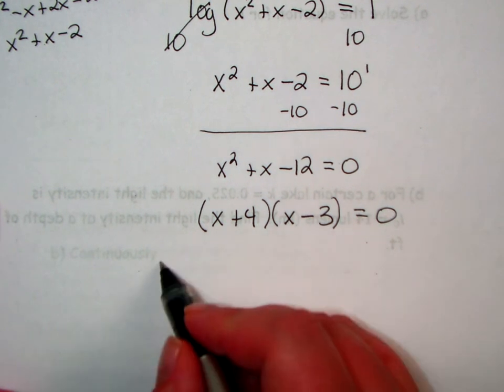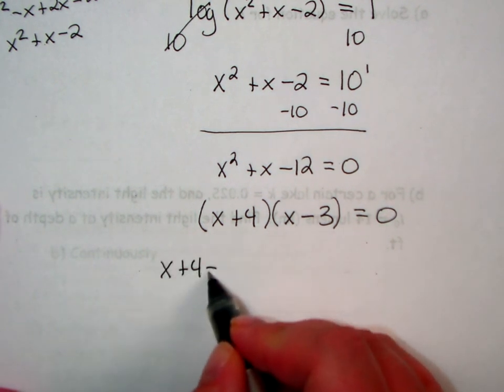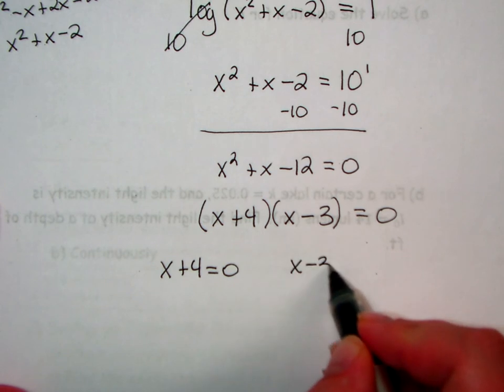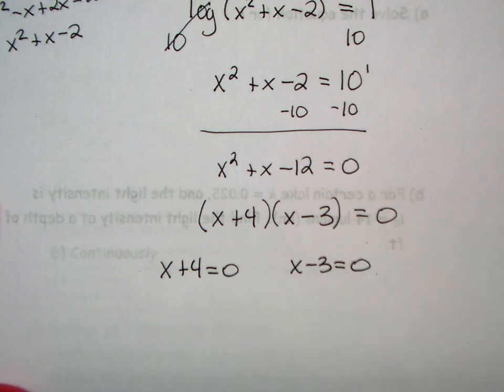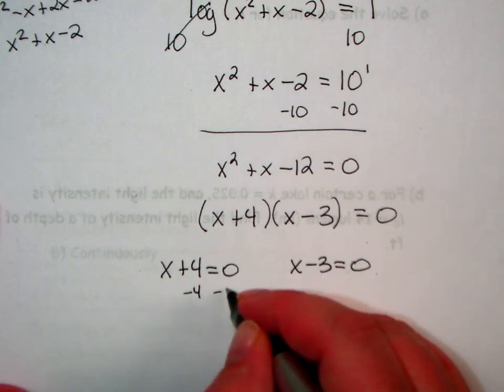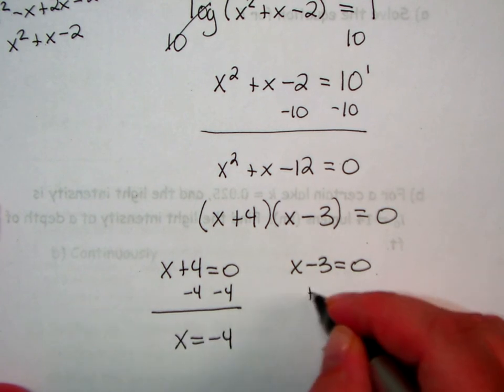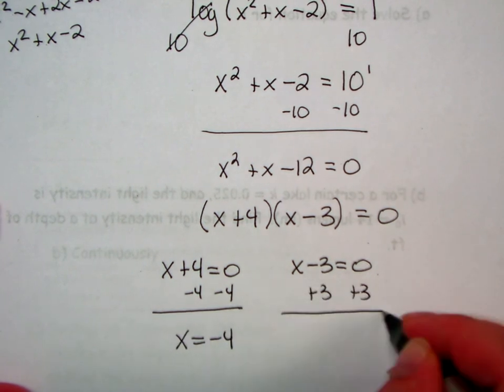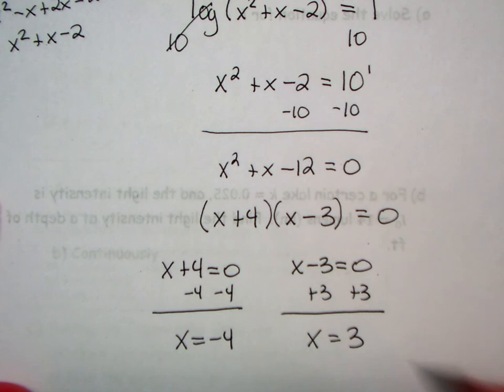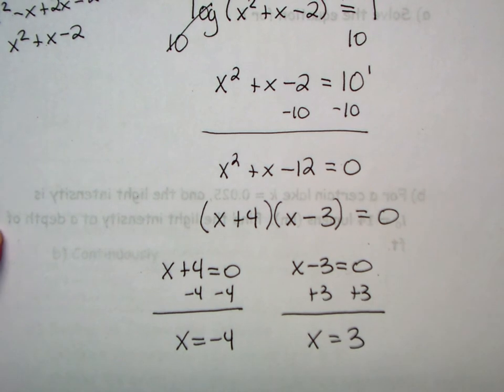So to solve, we want to set both factors equal to 0 and solve. So I'm going to subtract 4 from both sides to solve the first one, and I'm going to add 3 to both sides to solve the second one. So I have two solutions, negative 4 and 3.